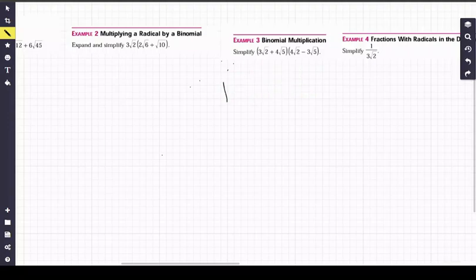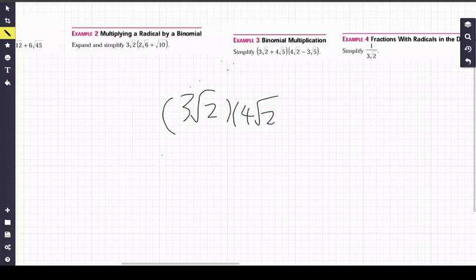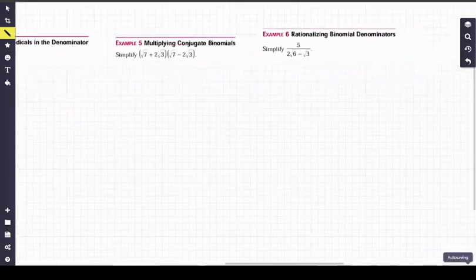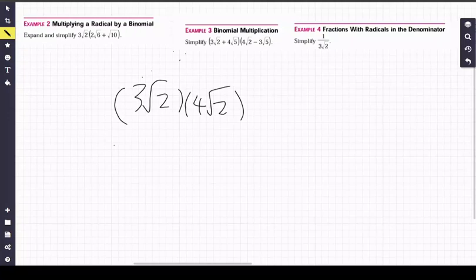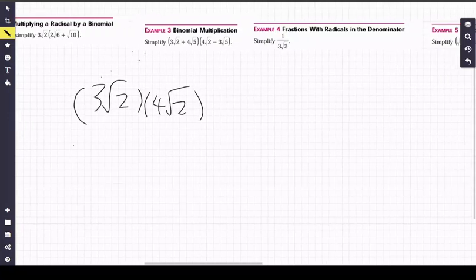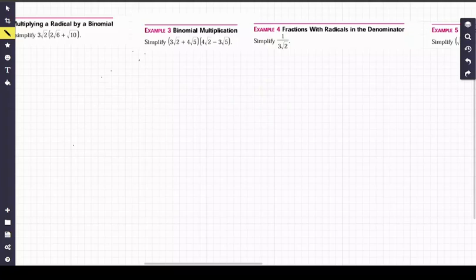First term, we're going to have 3 root 2 times 4 root 2. First, and then we have what is it? Outside, which is plus. Okay, you know what? This is inefficient. I'm just going to directly multiply it together so you guys can understand what's going on.